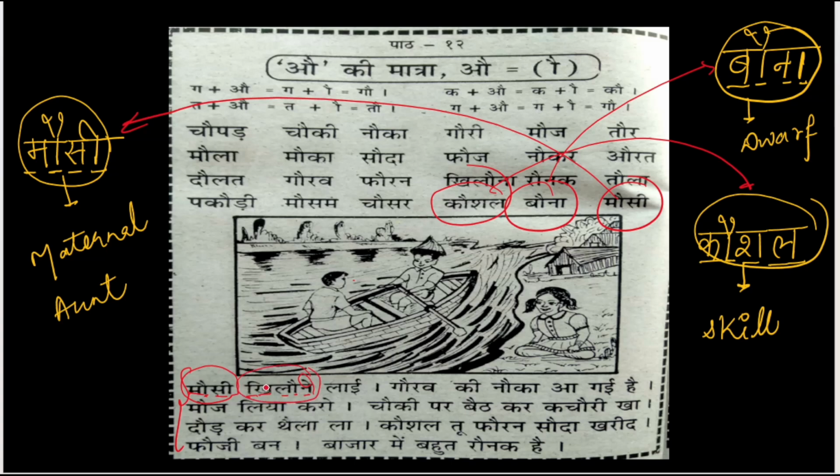Now it will pronounce like khilone, khilone, la, mother of a, e, lai, ga, mother of ao, ra, va, gaurav, ka, mother of badi e, ki, na, mother of ao, ka, mother of a. Now it became nauka, a, mother of a, ga, e, gai, ha.